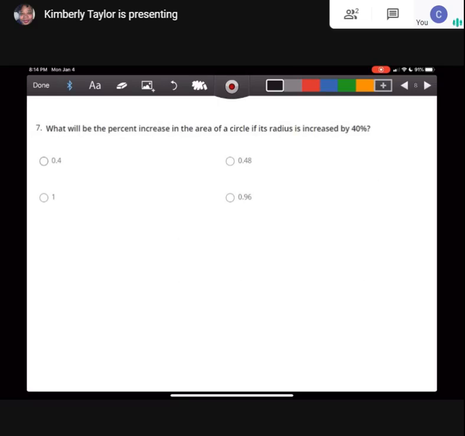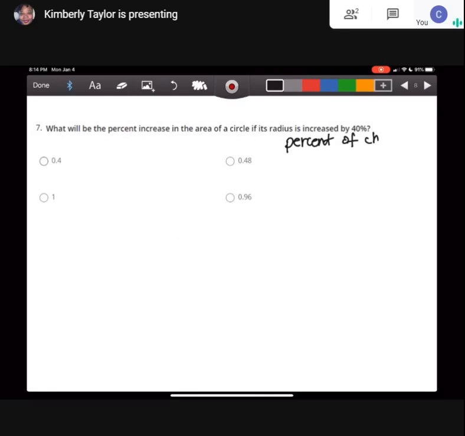So it says, what will be the percent increase in the area of a circle if its radius is increased by 40%? So this is dealing with the concept of percent of change. This is something you can look up.